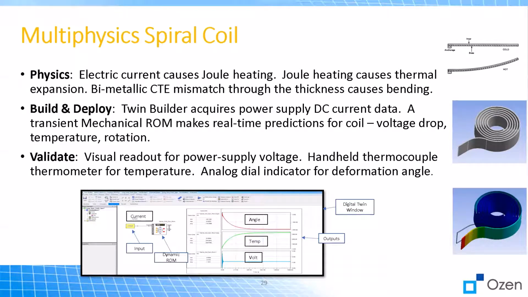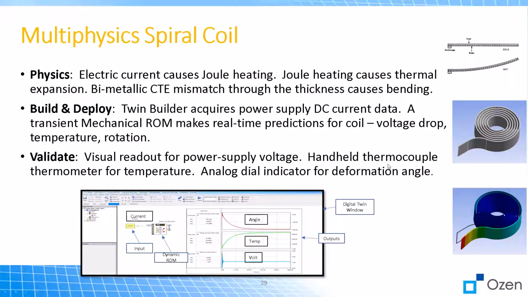And then we created a dynamic ROM for that, because this is a transient analysis we performed using ANSYS Mechanical. And then we validated the model, based on the data coming from the power supply and reading the data from a thermocouple, to validate that the data coming from the physical model matches the data coming from the finite element model.